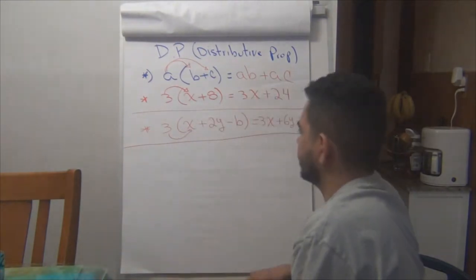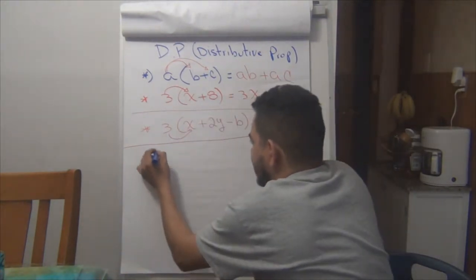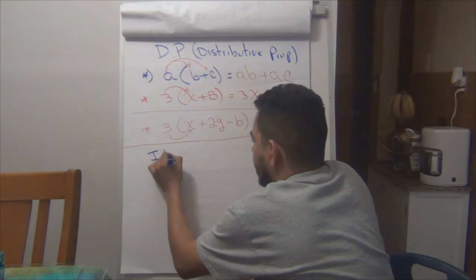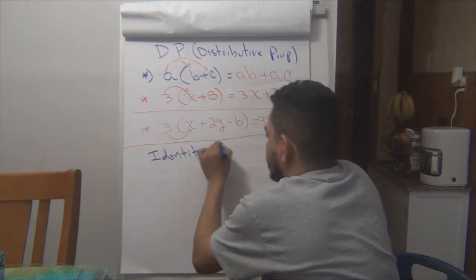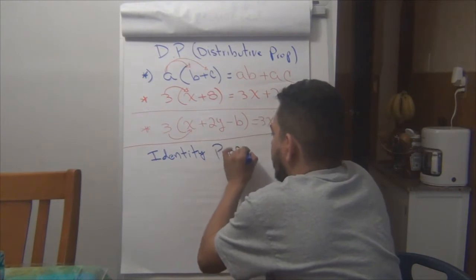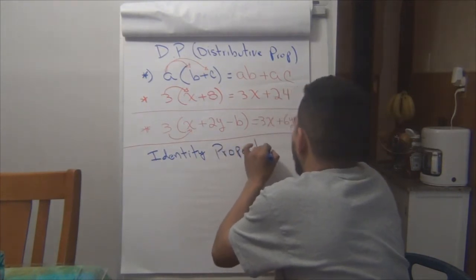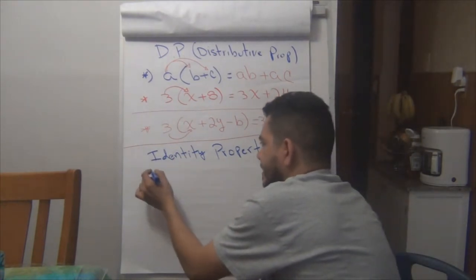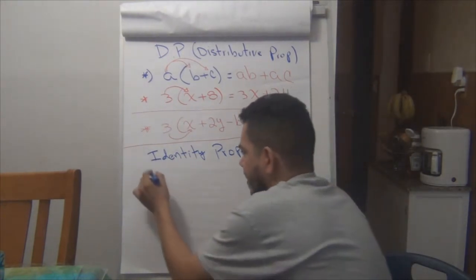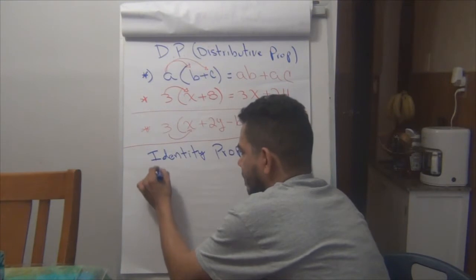Okay? So identity properties. The additive identity.